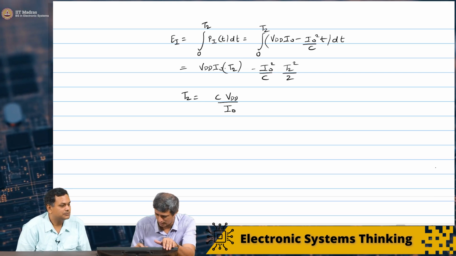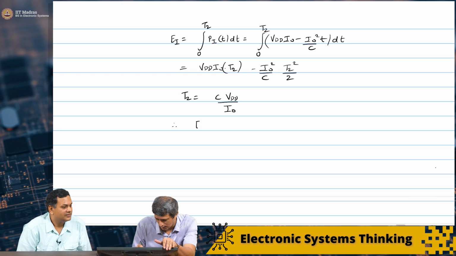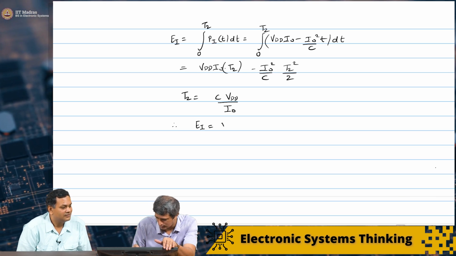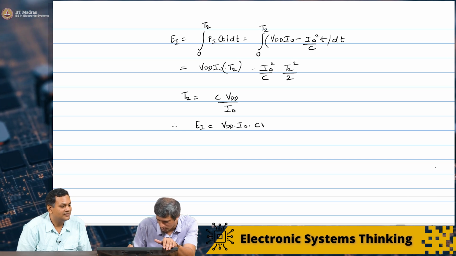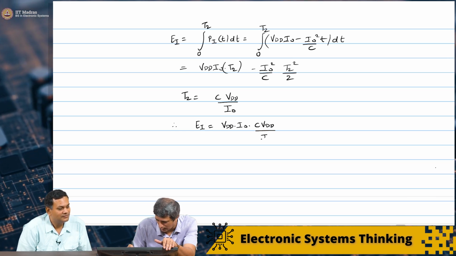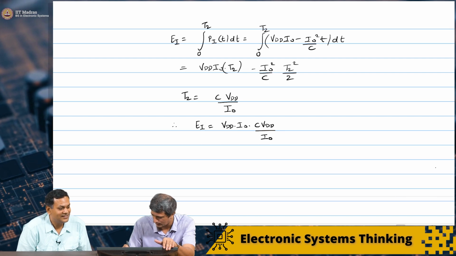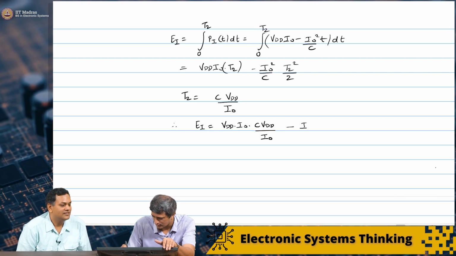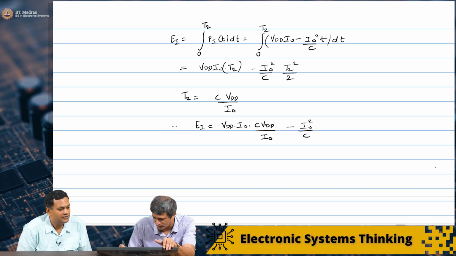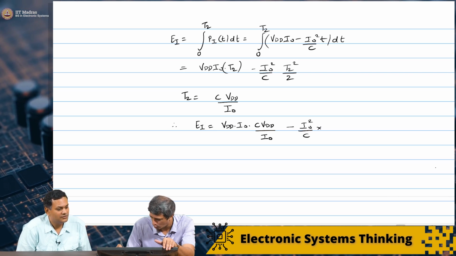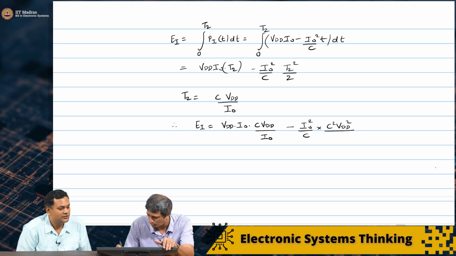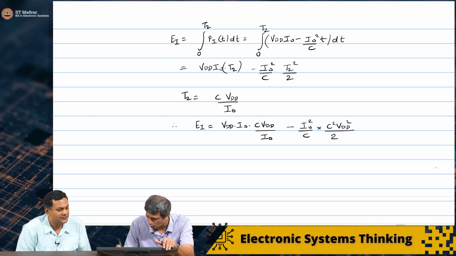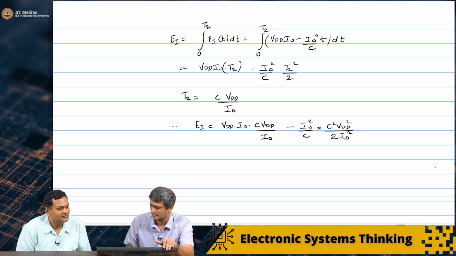Therefore, EI is going to be VDD into I naught into C VDD by I naught, minus I naught squared by C into C squared VDD squared by 2 I naught squared. Interesting.